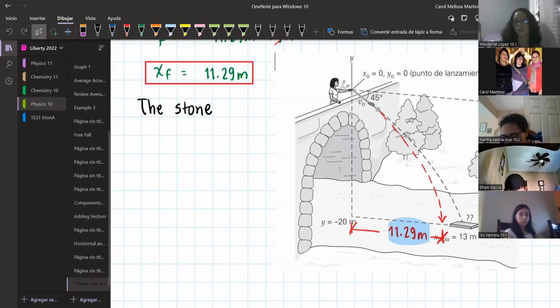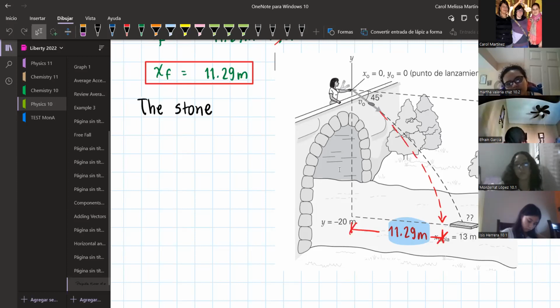Most of the examples are going to be based on the idea that we are on Earth, but there are some other examples that could involve a different gravity, for example, on the moon's surface or something like that. So in that case, the gravity is going to be specified in the problem.